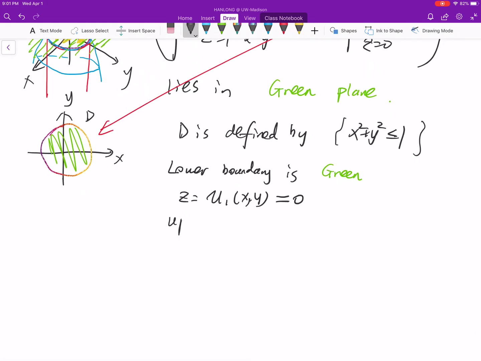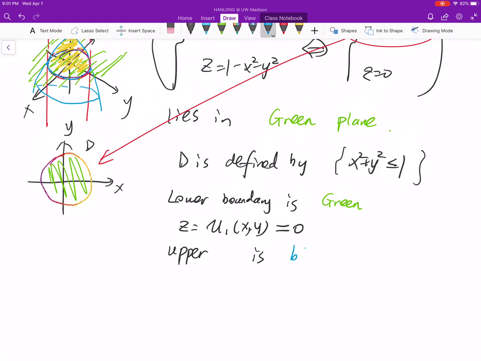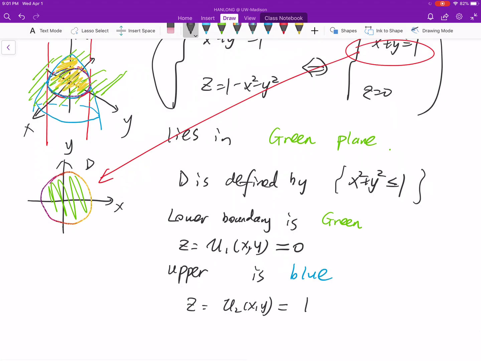And the upper part, from the picture, is the blue one. So z equals u2(x,y), which is given by 1 minus x squared minus y squared.